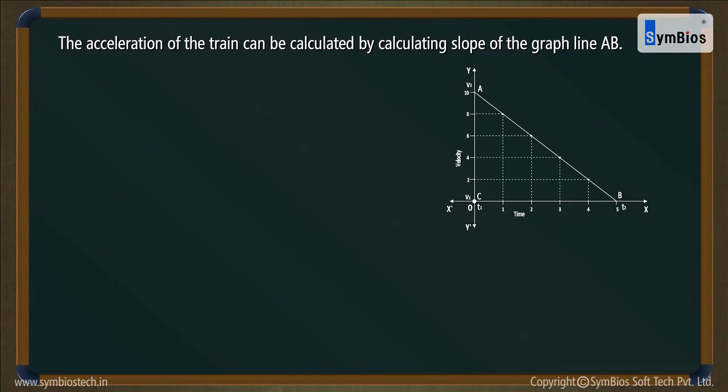The acceleration of the train can be calculated by calculating the slope of the graph line AB.